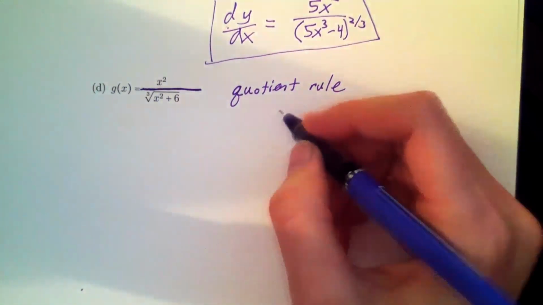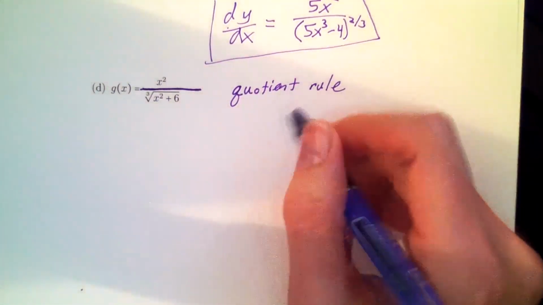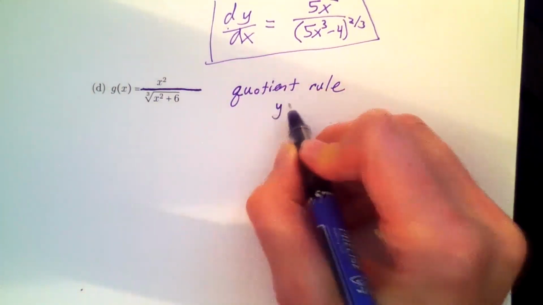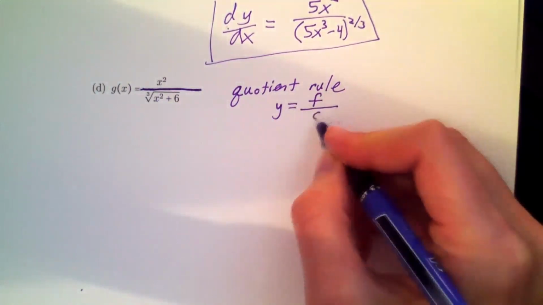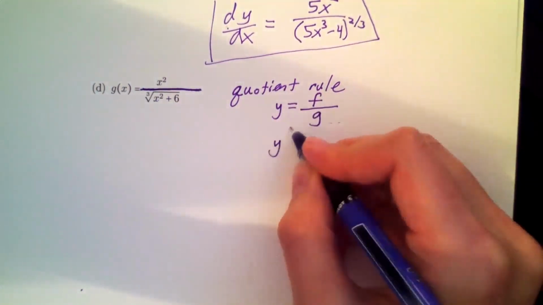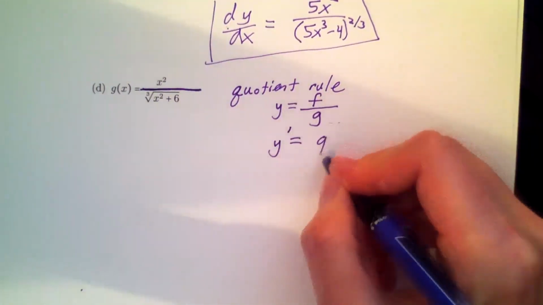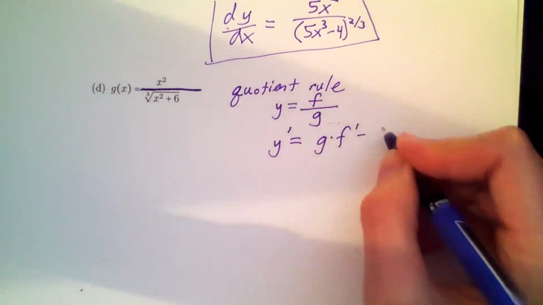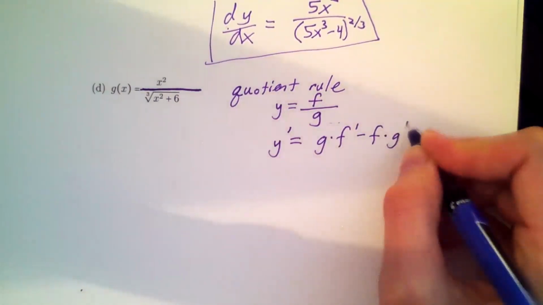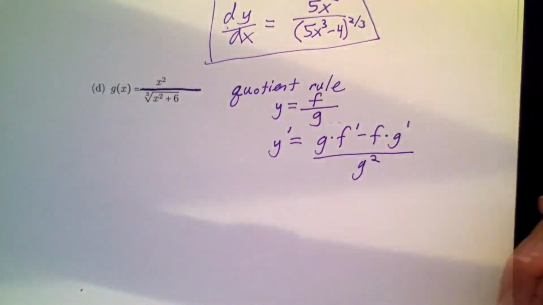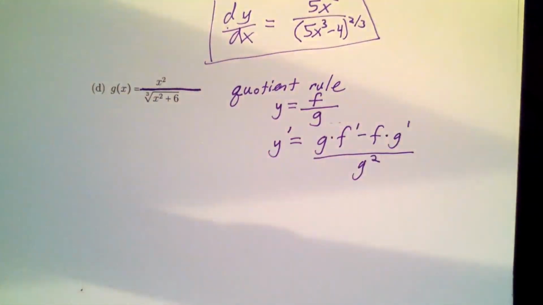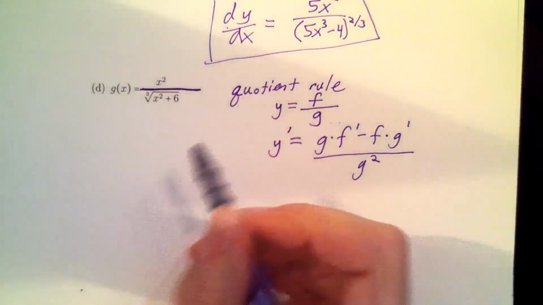Now let's recall from the last section that the quotient rule is if you have a function that is some function f divided by some function g, then the derivative is g times f prime minus f times g prime divided by the square of g. And so what I like to do is label the parts of my function.